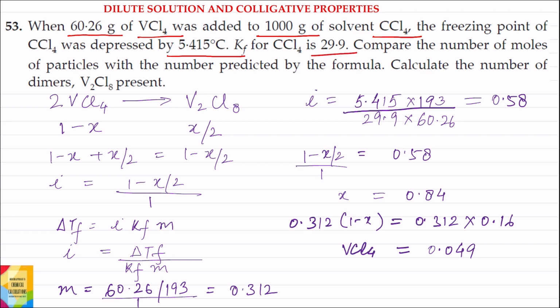Now compare the number of moles of particles with the number predicted by the formula. Calculate the number of dimers V2Cl8 present.